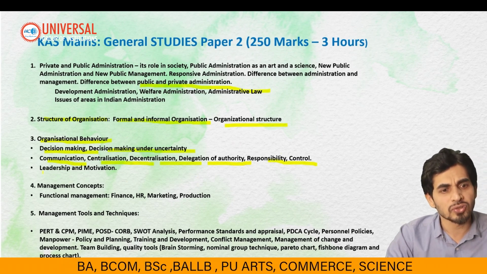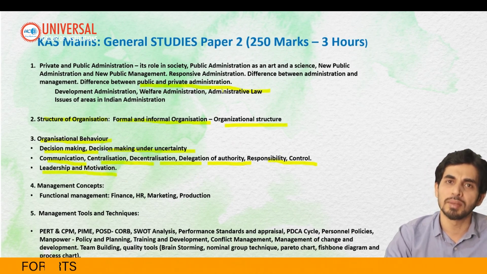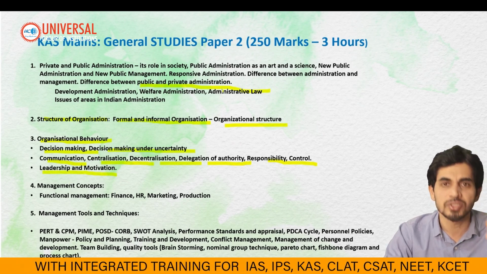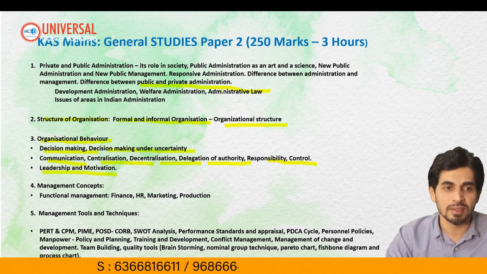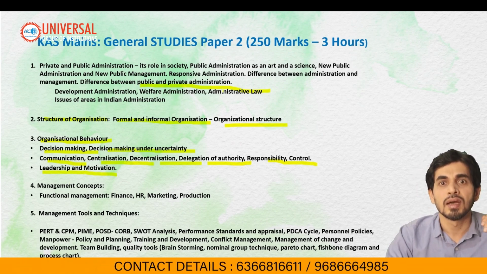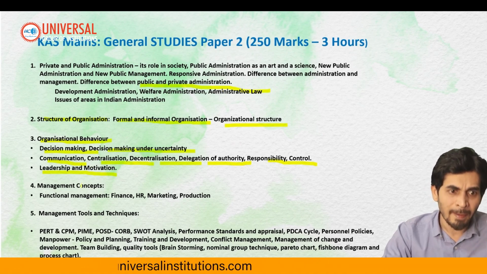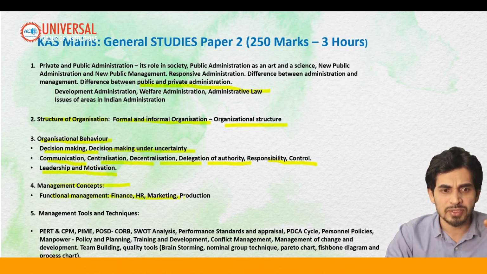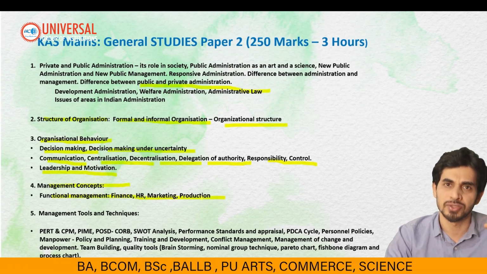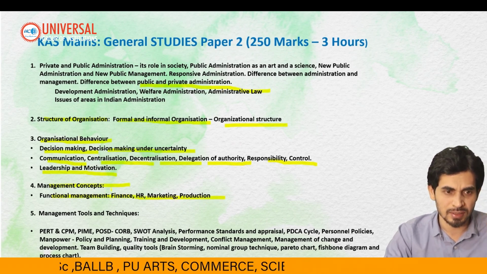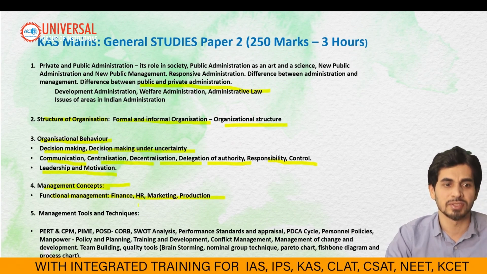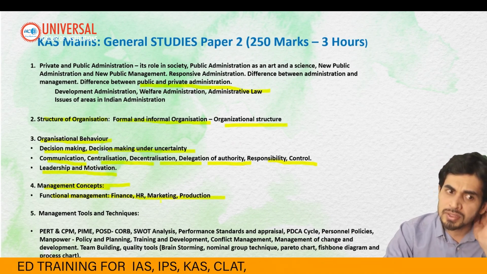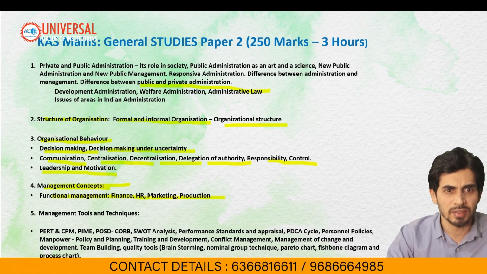All right, and also leadership and motivation is also coming under organizational behavior, which we will have to cover under this particular heading. And then management concepts, you will have functional management, which is finance, HR, marketing and production. This is what you need to learn under this heading called management concepts. This should be the fourth unit of this, or fourth part of this particular unit.